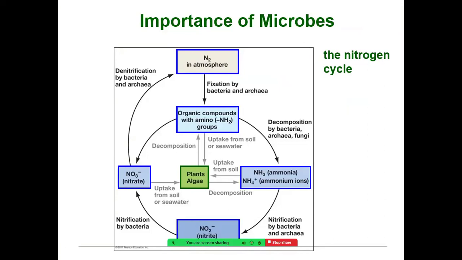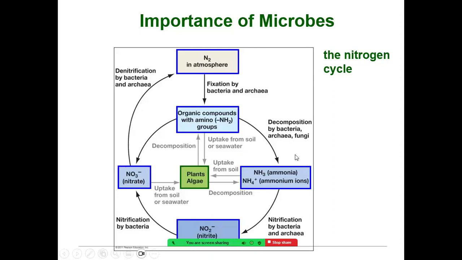And then the organic compound will be broken down into ammonia, which can be converted into ammonium ions. That can go into the soil, and green plants can use ammonia or ammonium, but they don't like it. If you get too much of it, it'll kill the plant, but they can use it.